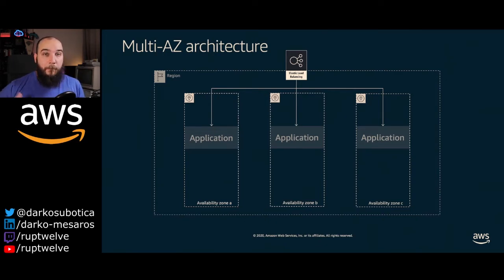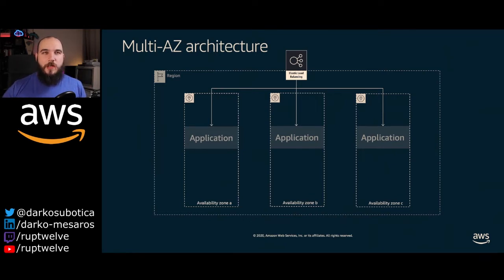This gives you, by default, a highly available system, which can be resistant if, for example, in Frankfurt where we have availability zone C, something really bad happened, and all of a sudden there's no more availability zone C. Your application is still functioning because it's available in zone A and B, but yeah, Frankfurt may have a problem.